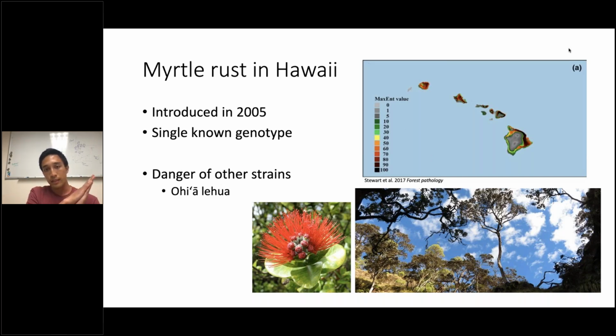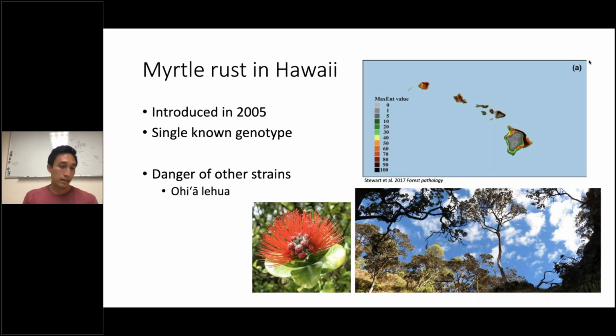In addition, there are also some dangers of changes in climate due to anthropogenic causes. So here's just a basic MaxEnt model map of Hawaii, showing how the range of Myrtle Rust might change over time with changes in temperature.